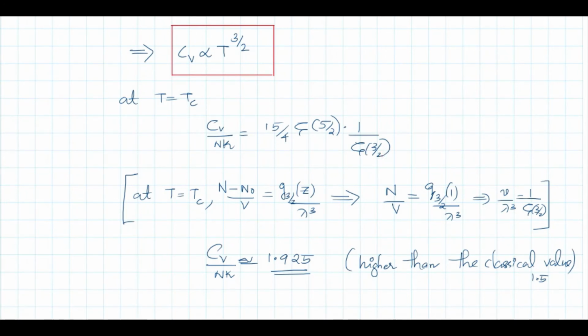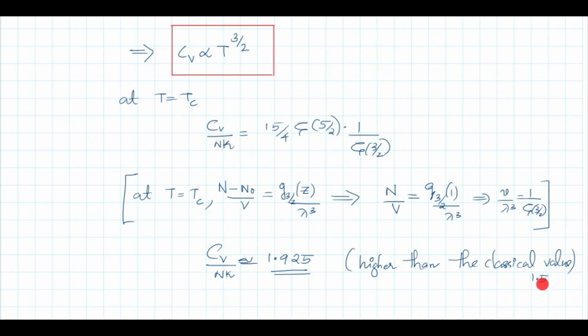So at T equal to Tc, this is the way in which you obtain V/λ³ as 1/g 3/2. These expressions we already discussed. And by substituting the values of g 5/2 and g 3/2, you will get Cv by Nk as 1.925.